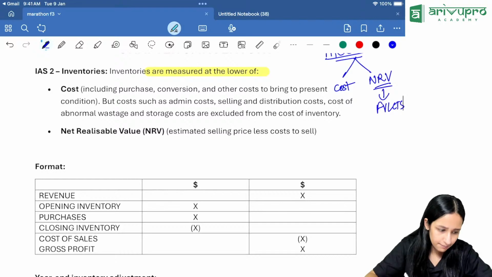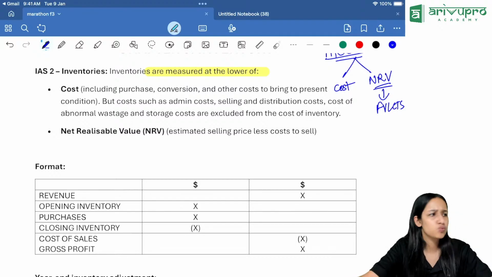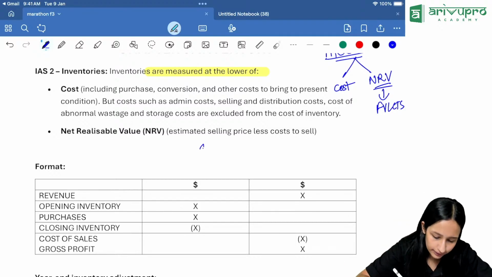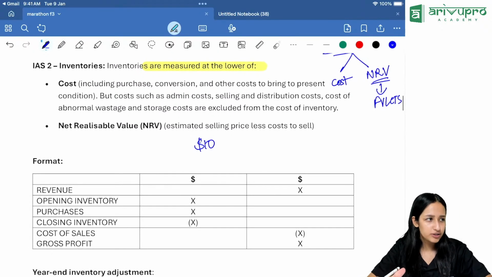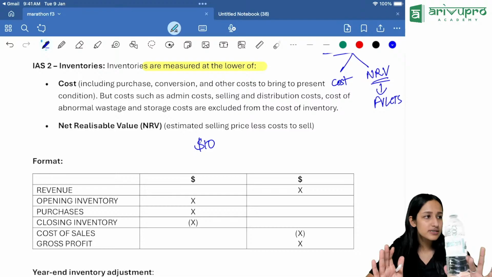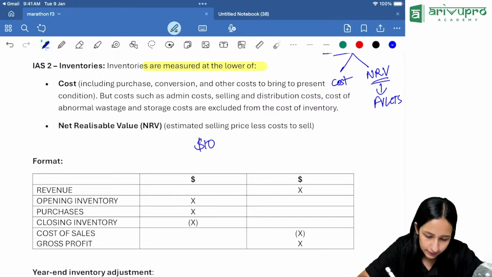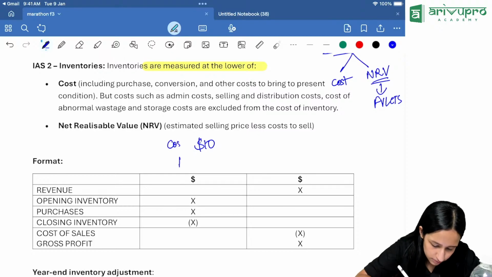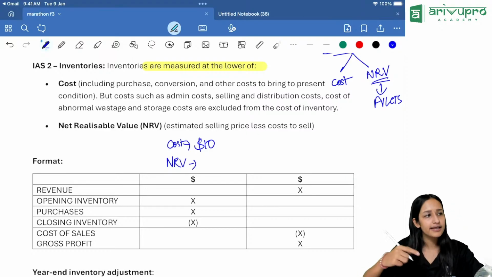For example, you purchased this water bottle for $10. Obviously, nobody wants to repurchase something like that, but we're just going to assume this is a rare product. Everybody wants to purchase this. Now, this is the cost. Net realizable value, however, is how much you can sell it for now.